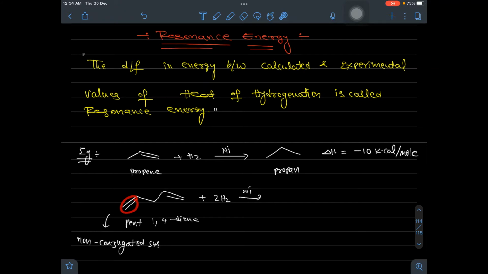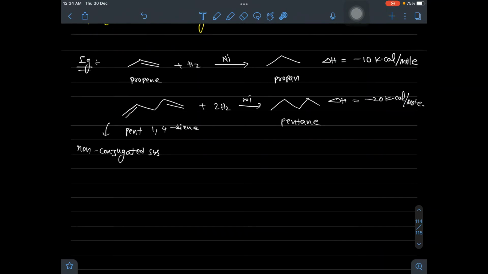These two double bonds must be hydrogenated, and we get the product pentane. One double bond releases 10 kilocalories, so two double bonds release minus 20 kilocalories per mole.